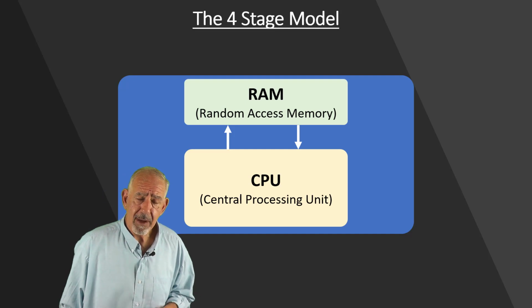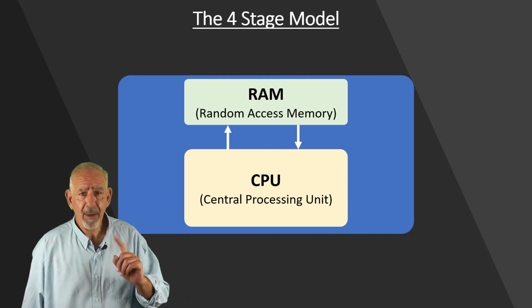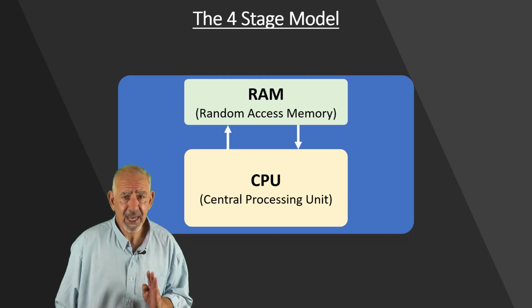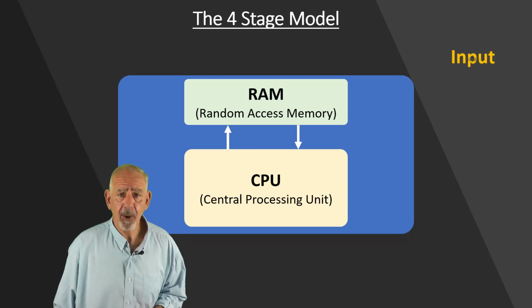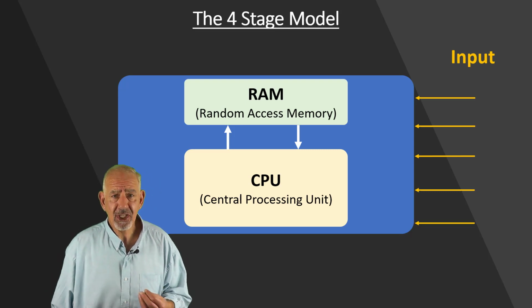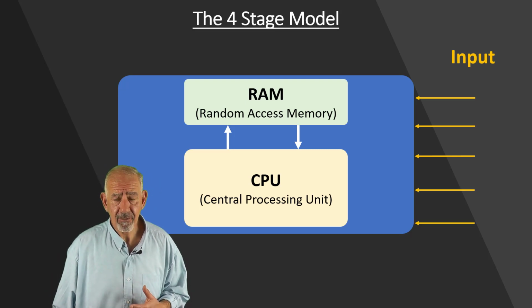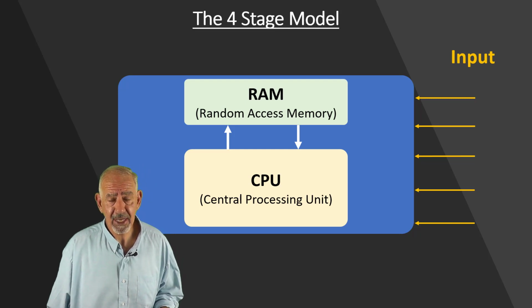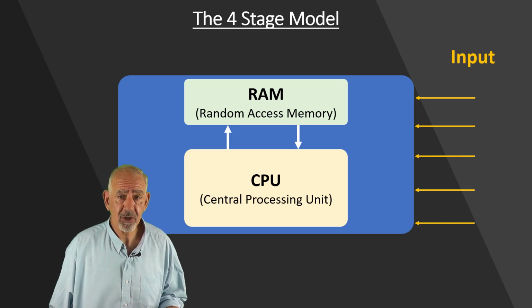The thing we've got to remember is, what are the four stages? Well, number one, as we've said, is the CPU and the computer itself. Second to that comes input, because we have to have ways of putting information in so it can be processed, because at the end of the day, that's exactly what the central processing unit does, or what computers or tablets or phones do. They process information.